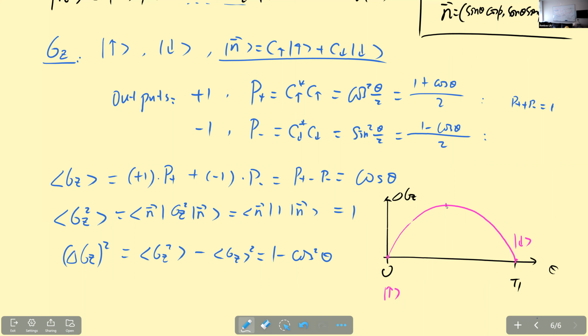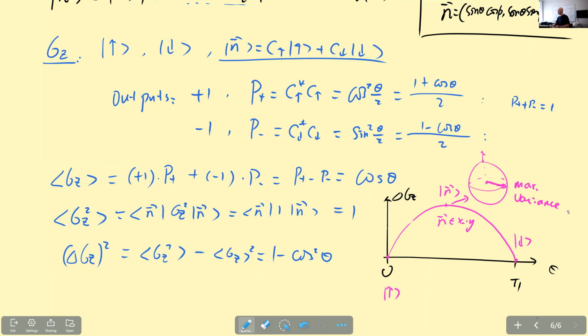In the middle, if theta is something like pi over 2, this n will be in the xy plane, perpendicular to the z-axis. So this one has a maximal variance.